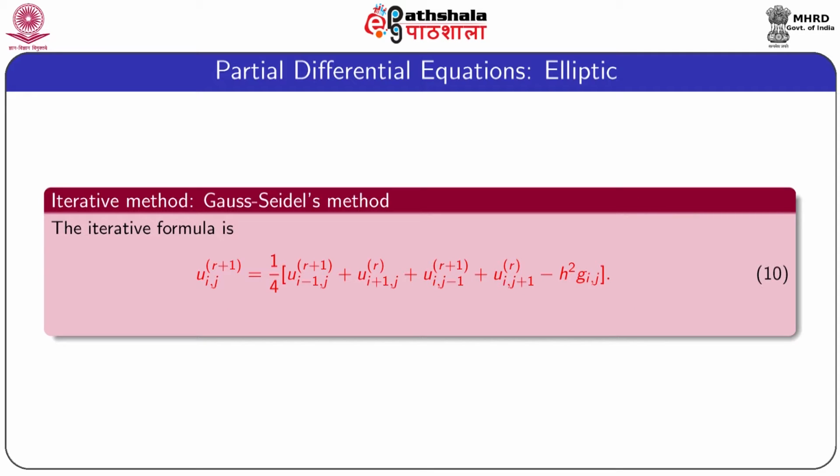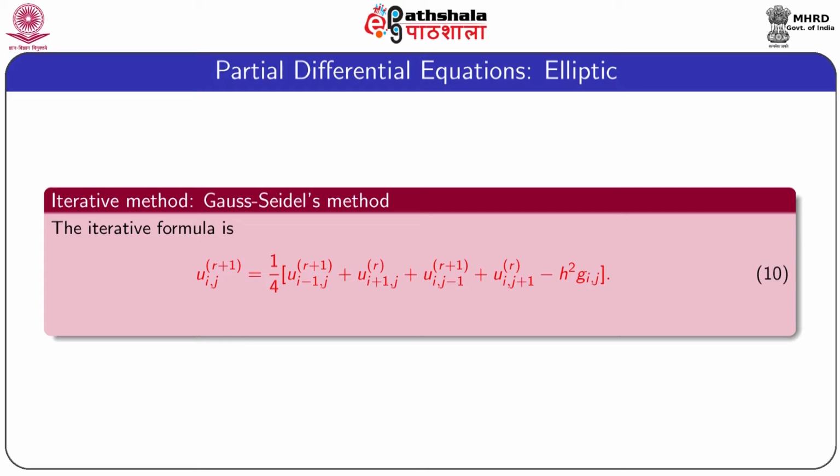Now we consider the Gauss-Seidel iteration method. In this method, the iteration scheme is given by equation 10. Note that two values of u on the right hand side are the values of the previous iteration, that means the rth iteration, and the other two values of u are the current iterated values, that means the values at iteration r plus 1.